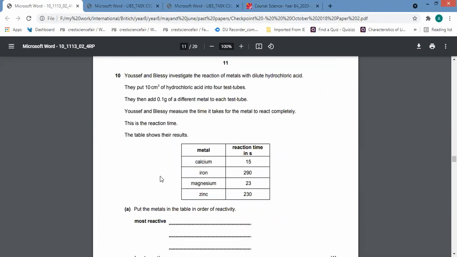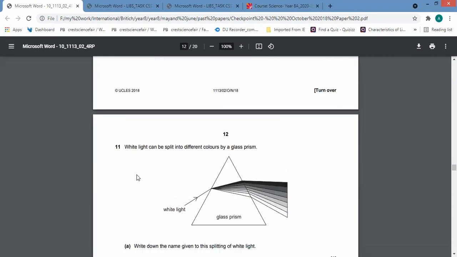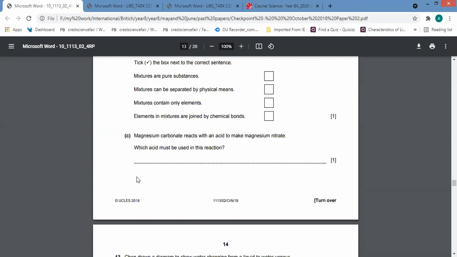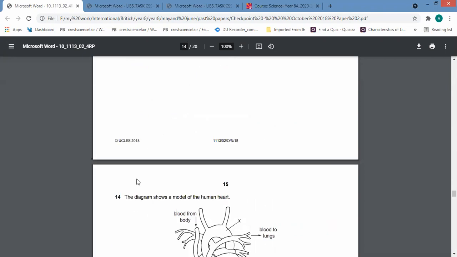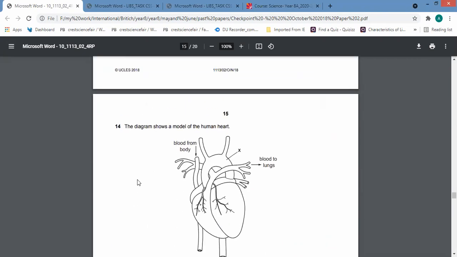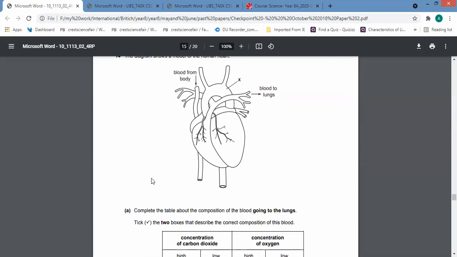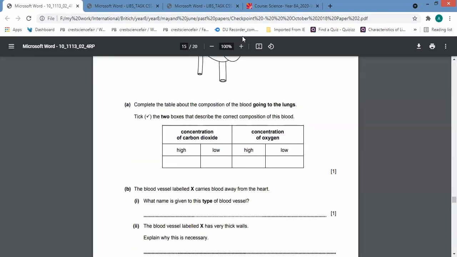Next. Number 14. The diagram shows a model of the human heart. Okay. Complete the table about the composition of the blood going to the lungs.